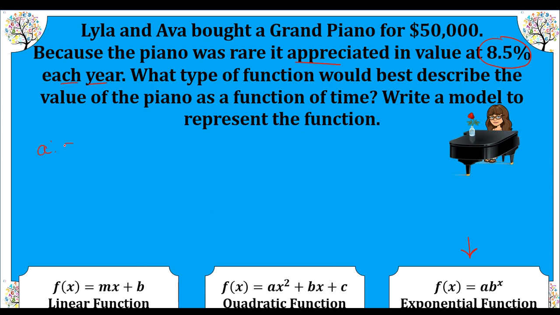The original price of the piano is $50,000. And then it grew. So again, we're going to add an 8.5%, which means we have 1 and 2 decimals. So it's going to be 1.085. So make sure you move that decimal 2 places to the left when converting from percentage to a decimal.